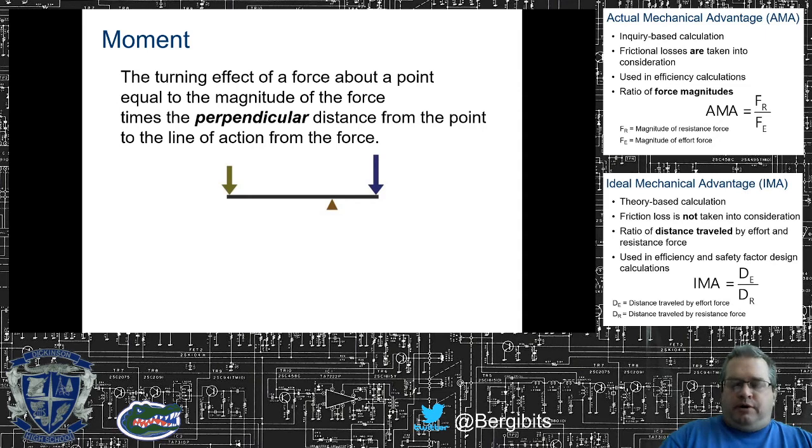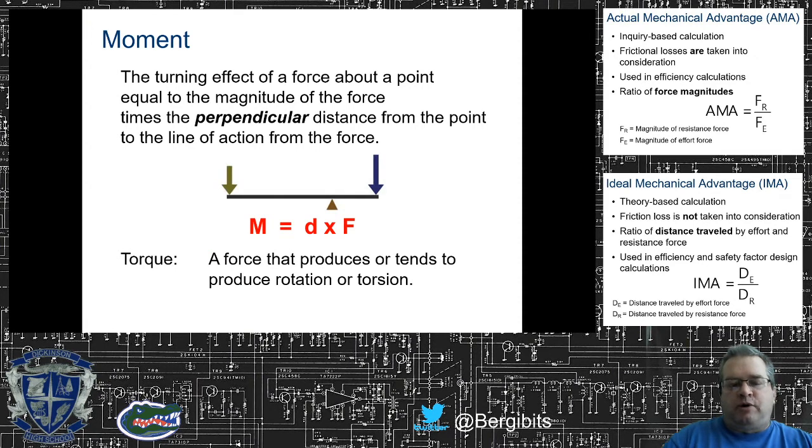All right, so before we get into IMA, AMA, and efficiency, we have to know our moments. A moment is the magnitude of force times the perpendicular distance from the point. It's got to be perpendicular. Okay, moment equals distance times force, torque.